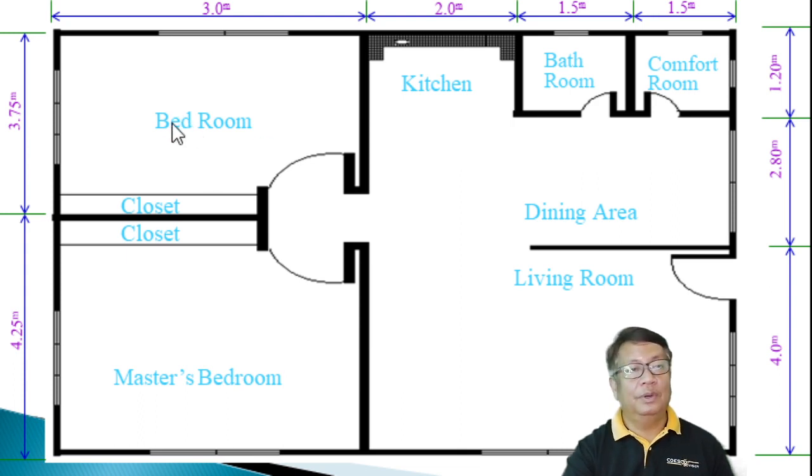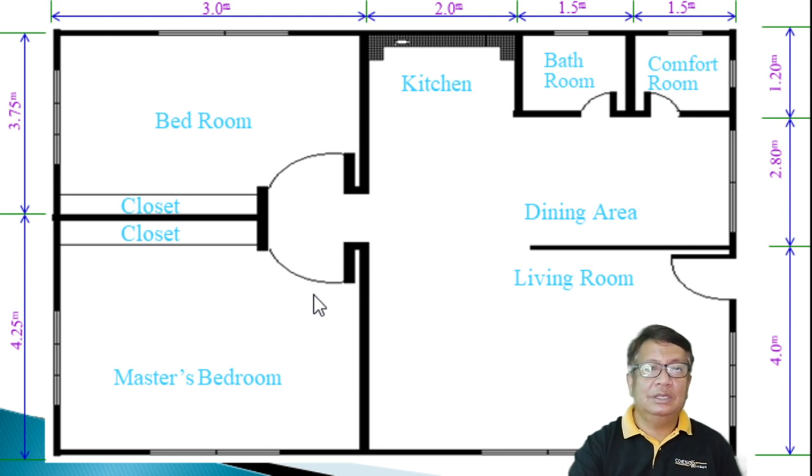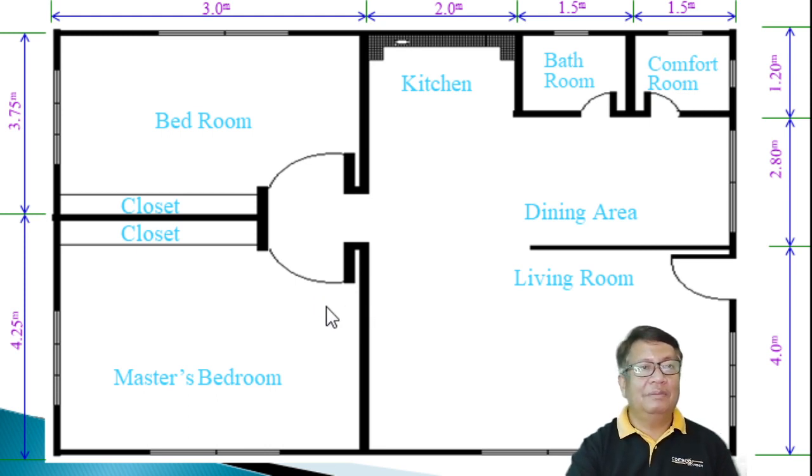Like for example, this word bedroom here, or master's bedroom, put these labels at the side, so that later on, when you make an electrical layout, it will not cross and will not be a hindrance to our design. Okay, so we have this simple residential house. The only thing is that we don't have an exit door.